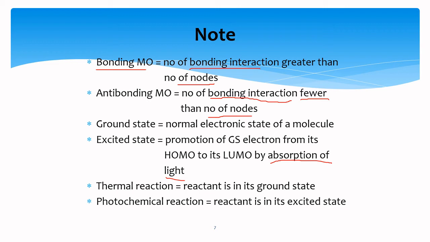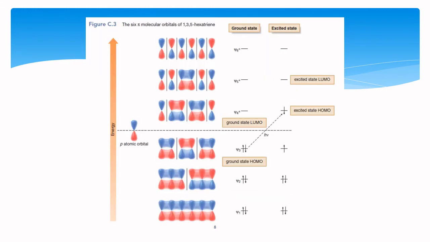Okay, a thermal reaction is carried out in its ground state, while a photochemical reaction involves the reactant in its excited state. Okay, let's take a look at the molecular orbitals of 1,3,5-hexatriene.